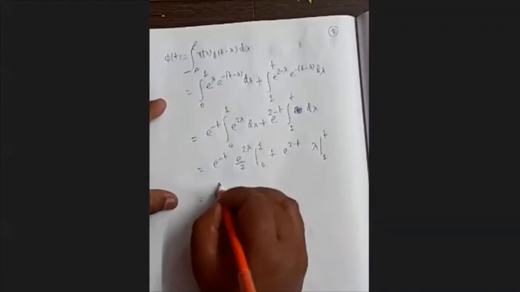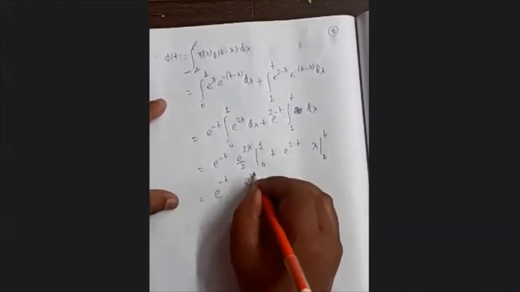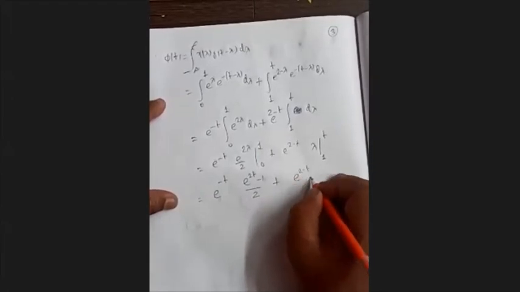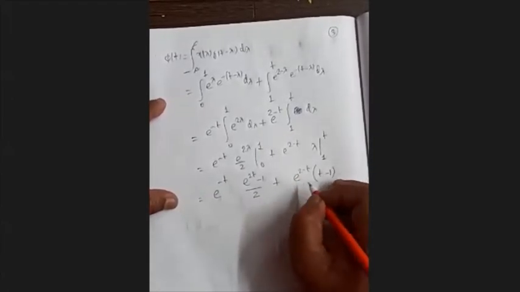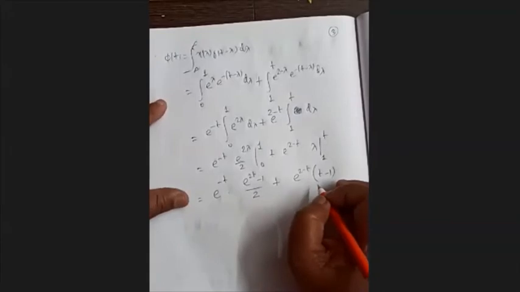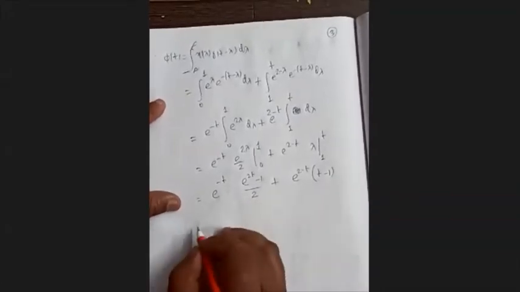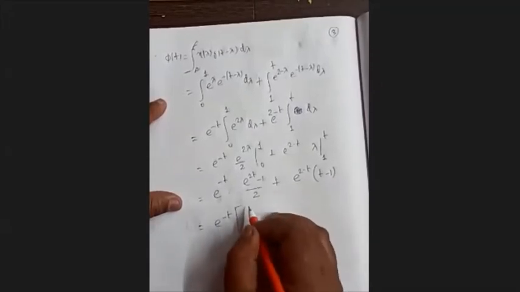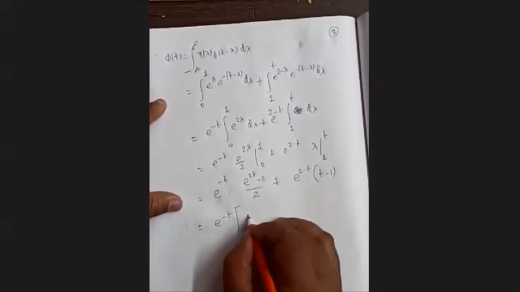So it is t minus 1. Okay, so you put e to the power minus t outside. So it will be what?